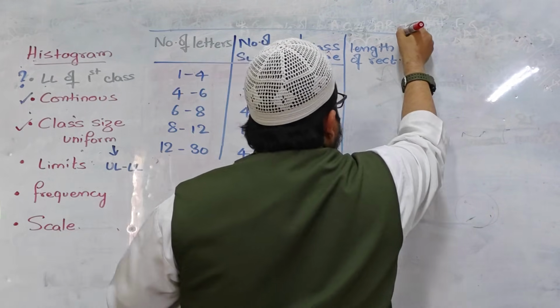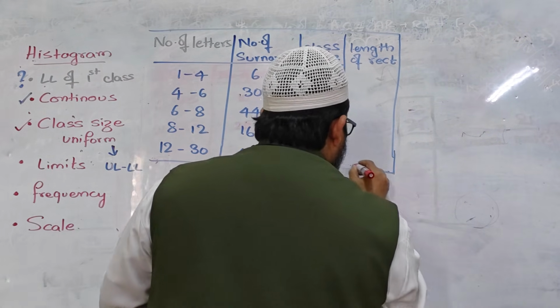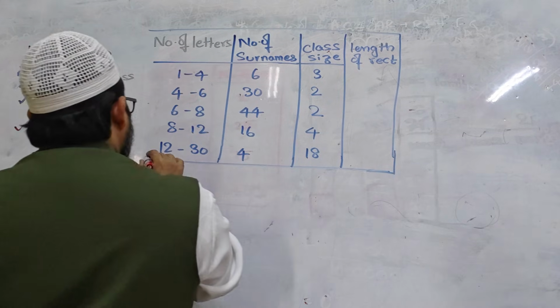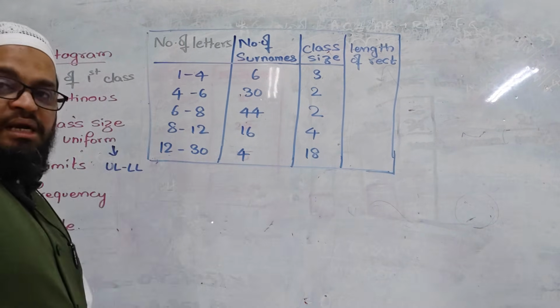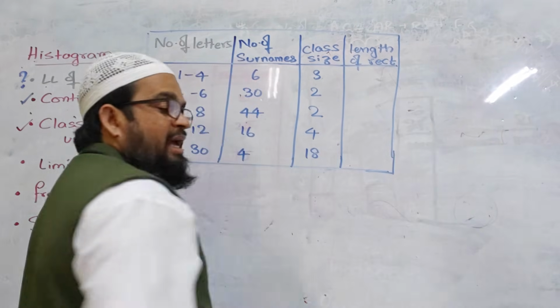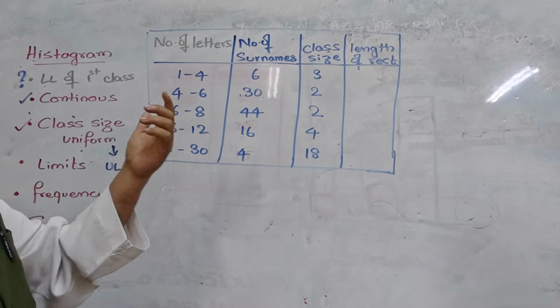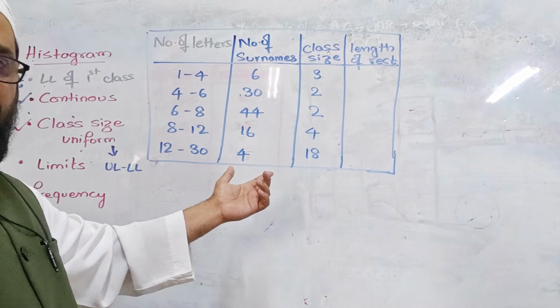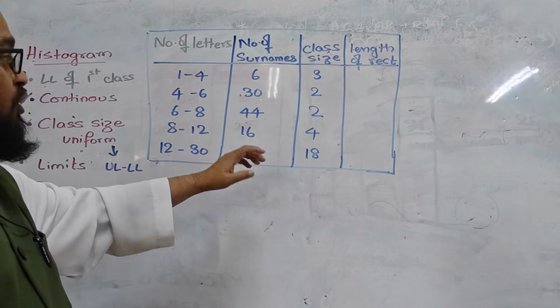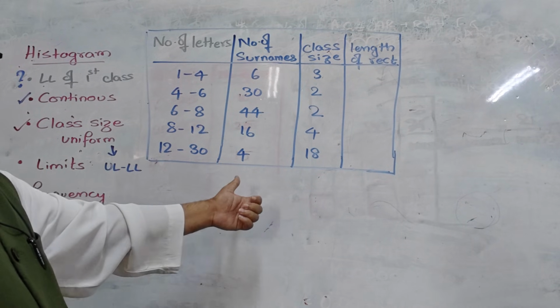You have to draw 2 extra columns. Please practice it. Until and unless you practice at least 2 or 3 times, you will not be able to understand. Okay sir, how to proportionate, how to draw the graphs accordingly?